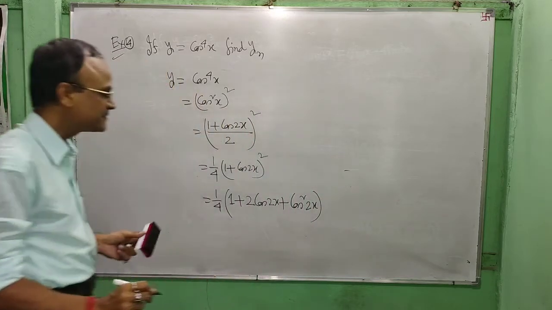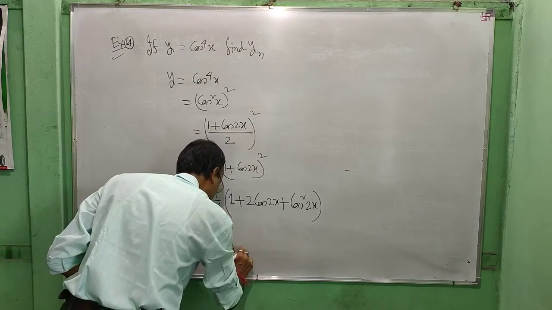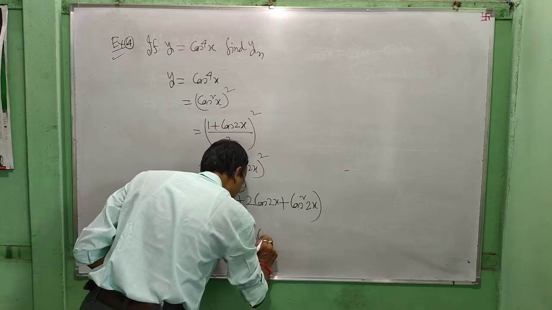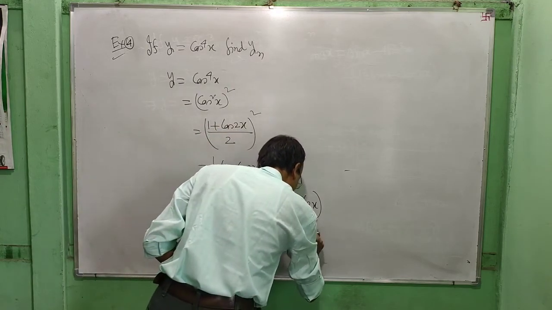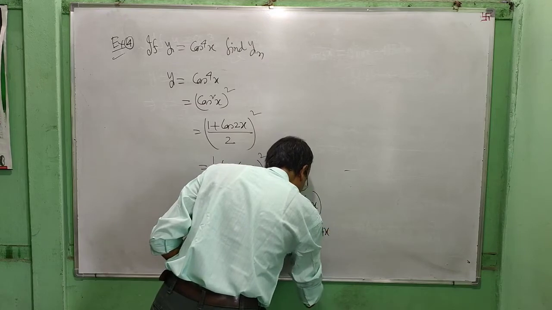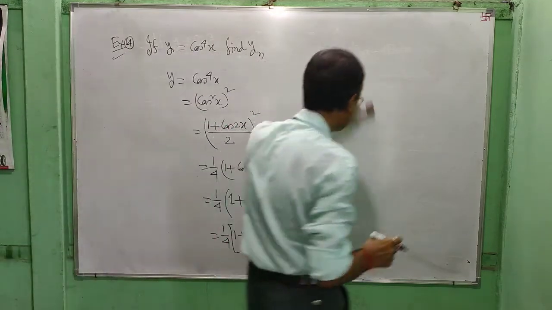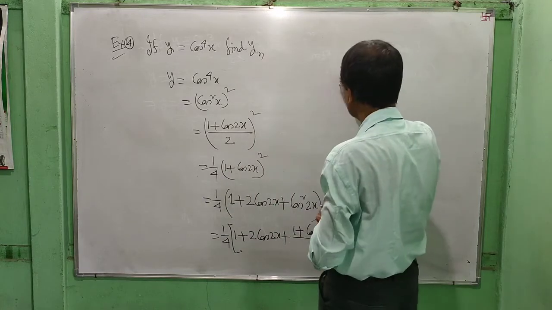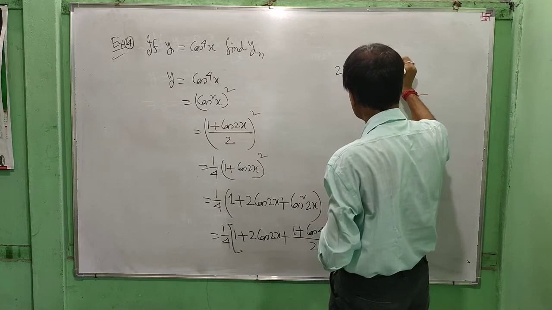Cos square twice x. This is equal to 1 by 4 (1 plus twice cos twice x plus (1 plus cos 4x) divided by 2). I am using the formula twice cos square x is equal to 1 plus cos twice x.